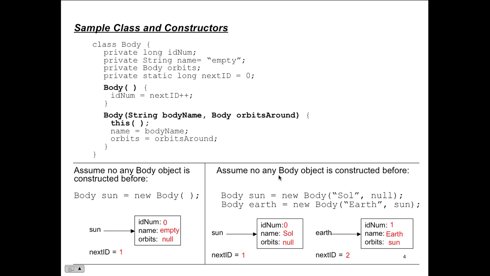Then we have Body earth is equal to new Body, earth, null. So now we have next ID 1 and next ID 2. Then we have the items set for both of them. So we've run this one as the default, and we've run this one. So we're running them both essentially.